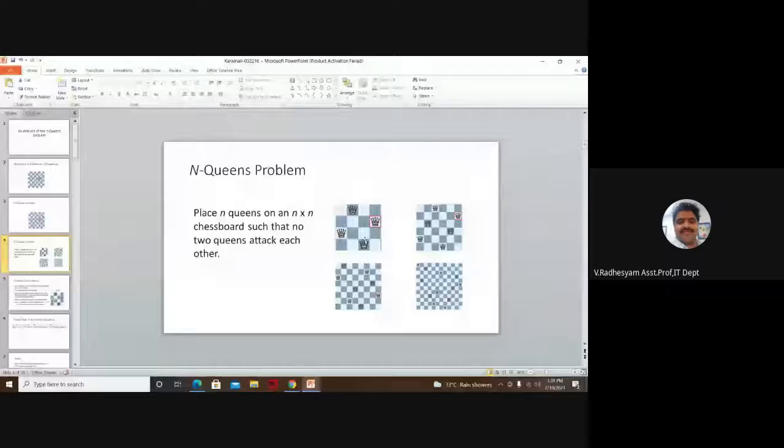We need to place these queens. Don't get confused regarding the queen; queen is nothing but some object, any one object. We need to place the queens such that no two queens are in the same row or in the same column or in the same diagonal.